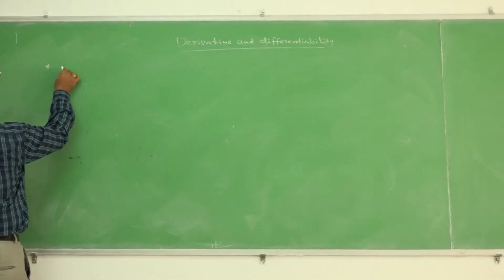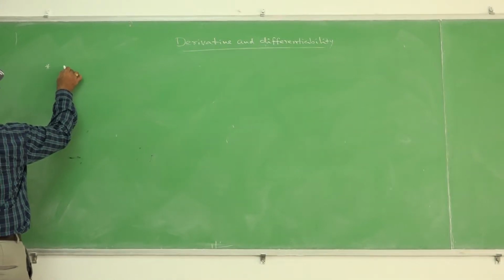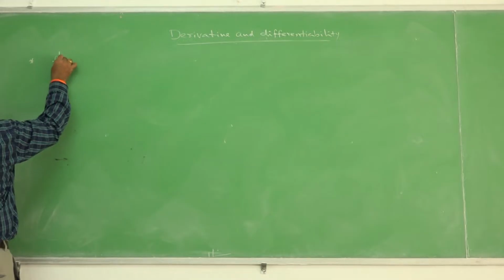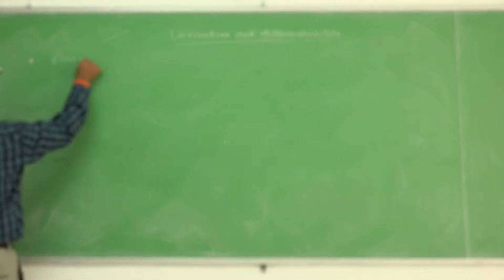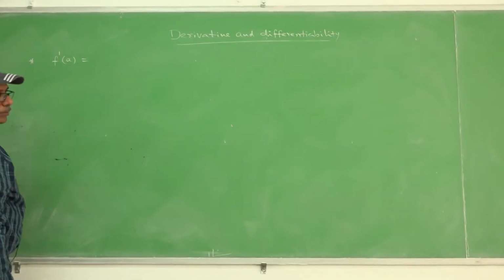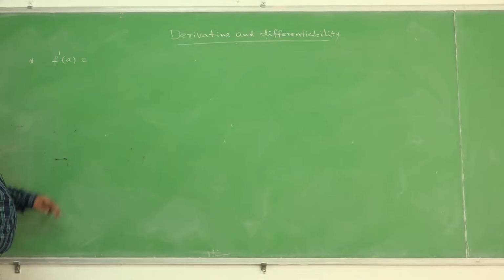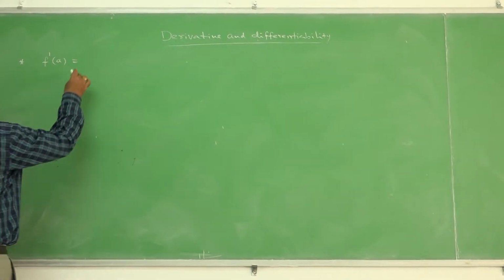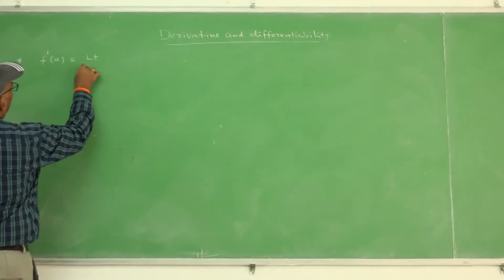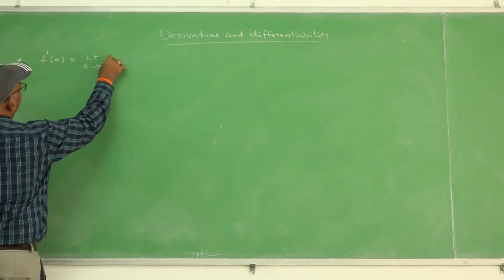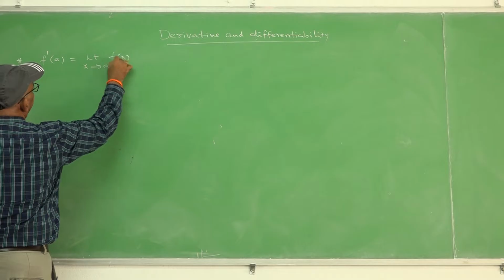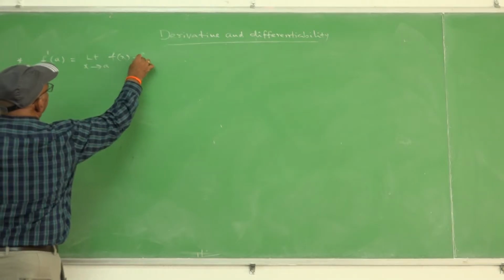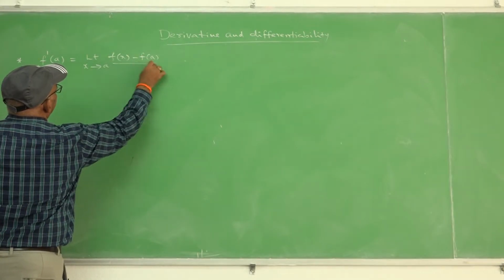Derivative of a real valued function at a point, f dash a. Derivative of a real valued function f at a, f dash a, is the limit as x goes to a, f of x minus f of a by x minus a.